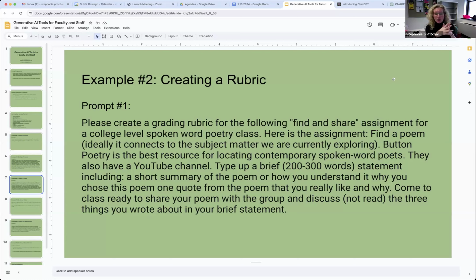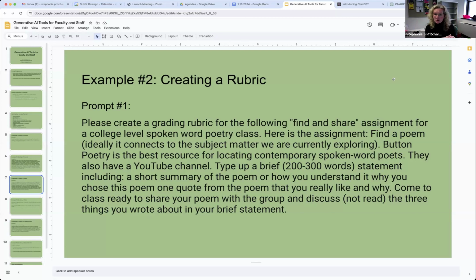So this is what I'm going to prompt the AI with this time around. This is our second activity. Please create a grading rubric for the following find and share assignment for a college level spoken word poetry class. Here is the assignment. This is what I gave to my students. They have to find a poem that connects to the subject matter we're exploring. Button Poetry is a wonderful resource for locating contemporary spoken word poems.